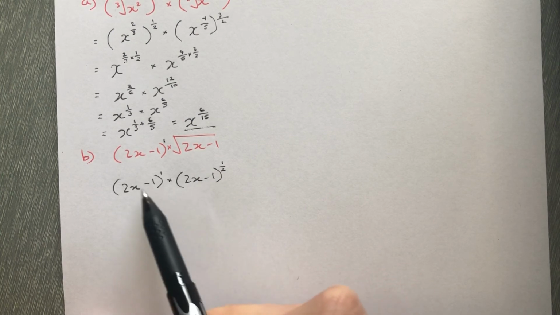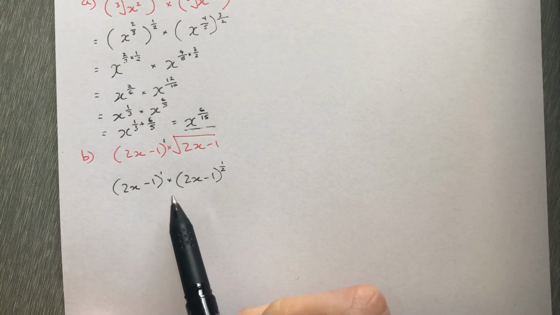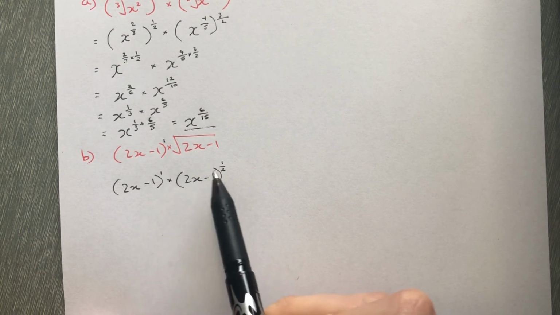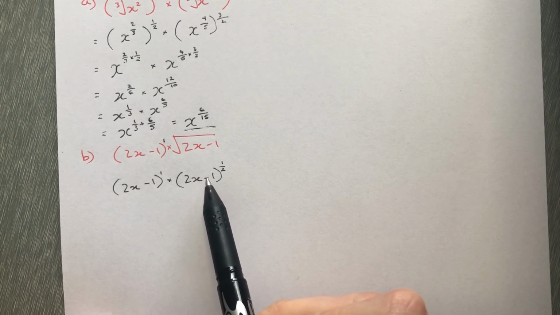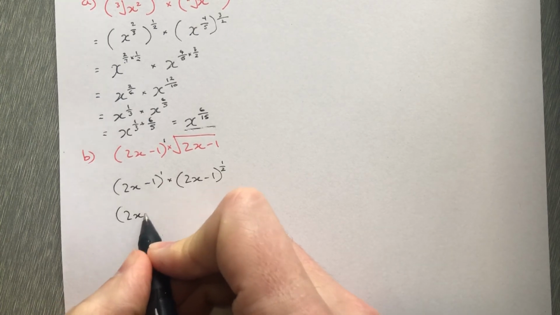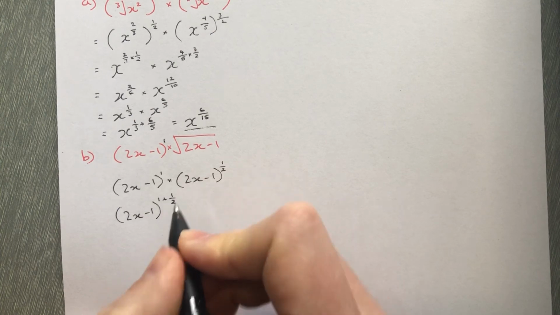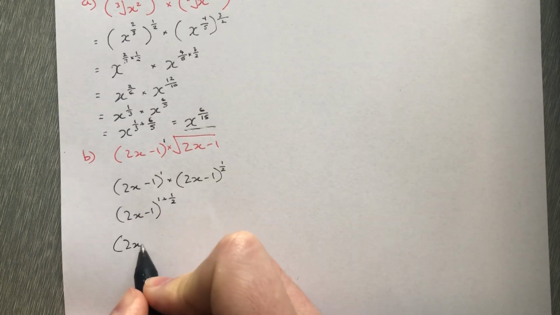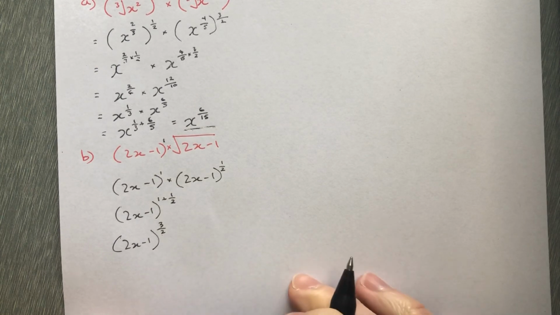They are the same, so we can combine them together. So it's going to be 1 plus 1/2 for this one. So 2x minus 1 and 1 plus 1/2. I'll write it actually. So that's the power of 3 on 2.